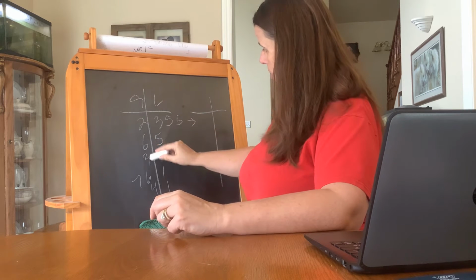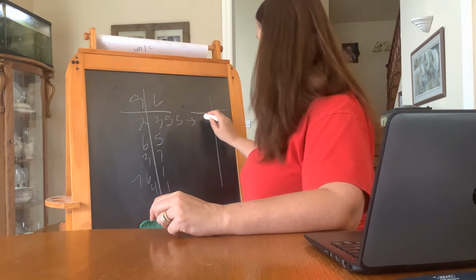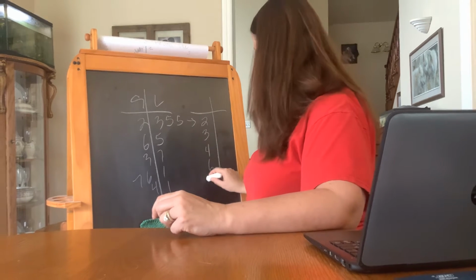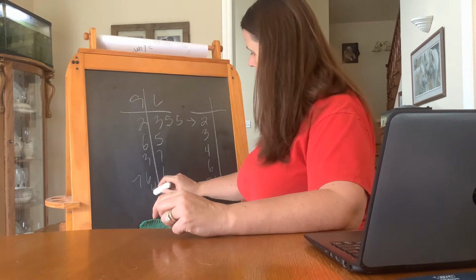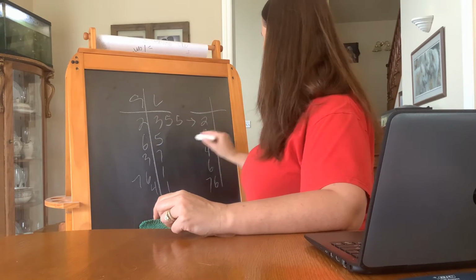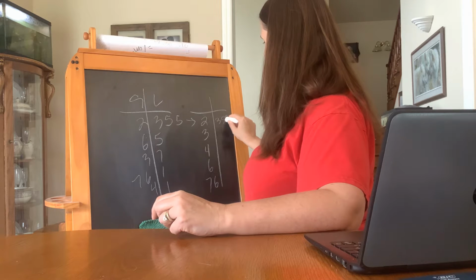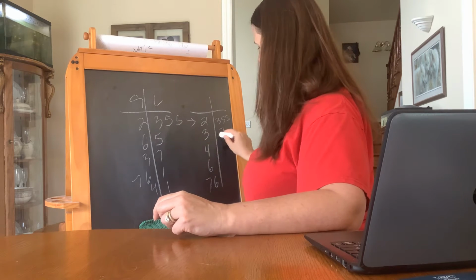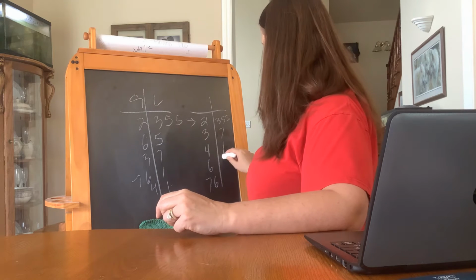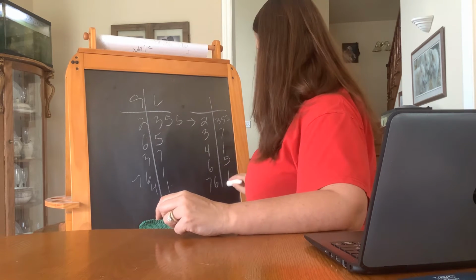So 2, 3, 4, 6, and 76, right? And the leaves 1, 2, 3, 4, 5. Good. Now, with my 2, I have 3, 5, 5. With my 3, I have 7. With my 4, I have 1. With my 6, I have 5. And with my 76, I have 1.